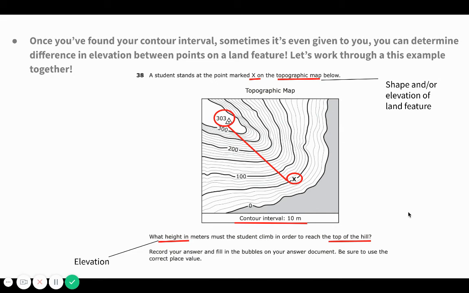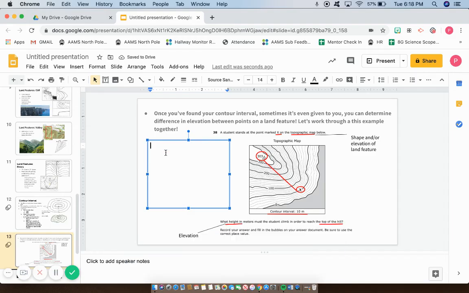It's 10 meters. So each contour line should be 10 meters more than the last. Since we have some solid information that's going to help us answer our question, we might as well write it down. Our contour interval, we know, is what? 10 meters. Great job.